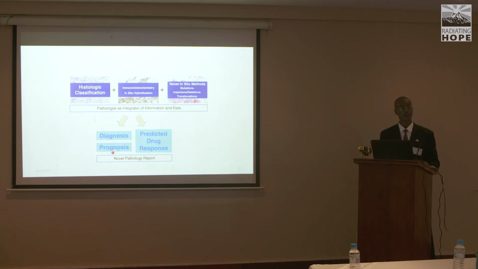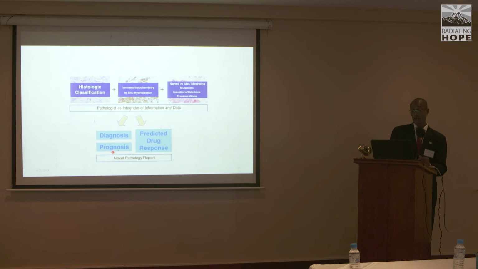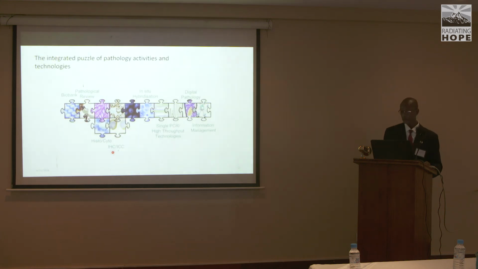As you know, in our practice, we are doing histological classification according to immunohistochemistry, completed by novel methods. And pathologists may be an integrator of information data in this era, to produce a novel pathology report. Here, this is our puzzle of histology activities.